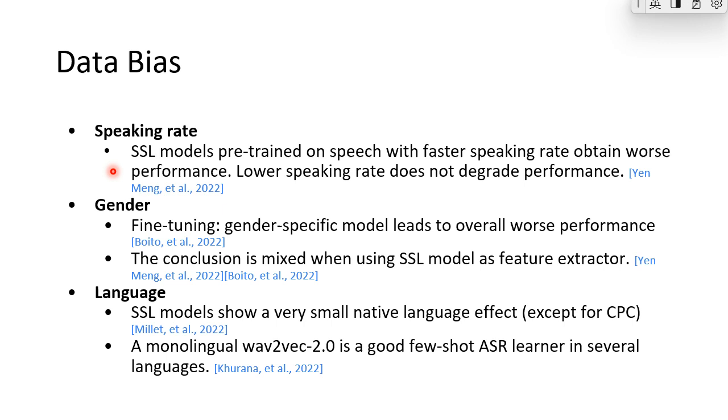And the researchers found that a self-supervised model pre-trained on speech with a faster speaking rate obtains worse performance. On the other hand, a lower speaking rate does not degrade performance. So if you speak to the self-supervised model slowly, it's fine. But if you speak faster to the self-supervised model, then it learns poorly.